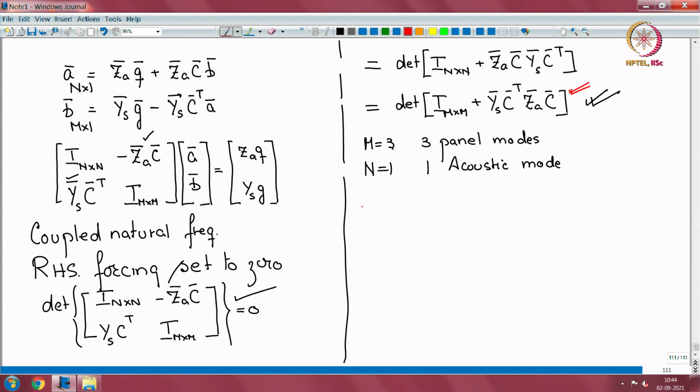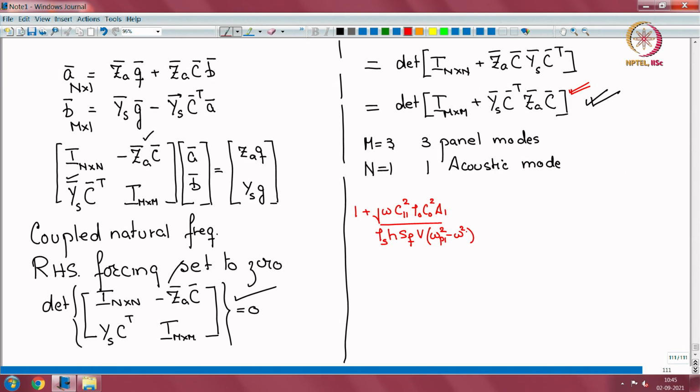That matrix first of all looks like 1 plus j omega C11 squared rho 0 C0 squared A1 by rho, I can take it as structure or panel, let me write rho structure, thickness, area of that panel, volume of the space, omega p1 square minus omega square.